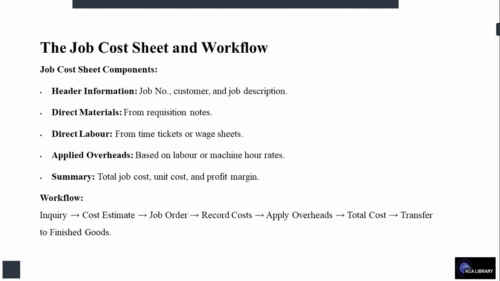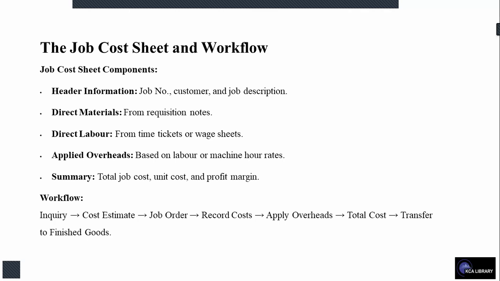And we have the job cost sheet. What are the components of the job cost sheet? The first is the header information, which covers the job number, the customer, and the job description. We also have the direct material, which comes from requisition notes.